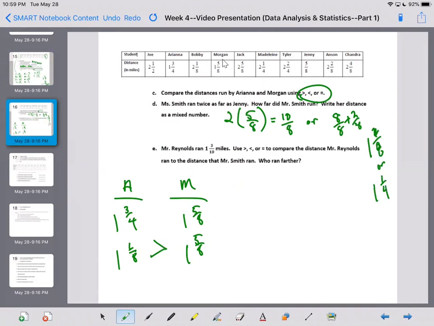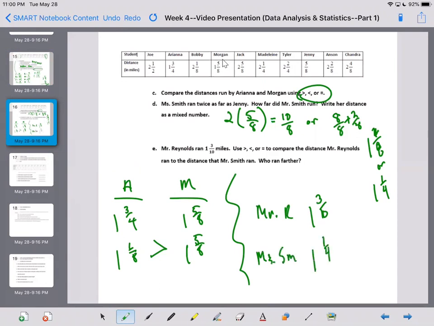Now, Mr. Reynolds ran 1 3/10 miles. Compare that with Mrs. Smith. Well, down here we'll say, well, here's Mr. Reynolds at 1 3/10, and Mrs. Smith at 1 1/4. And here we've got a denominator of tenths, and here we've got a denominator of fourths.